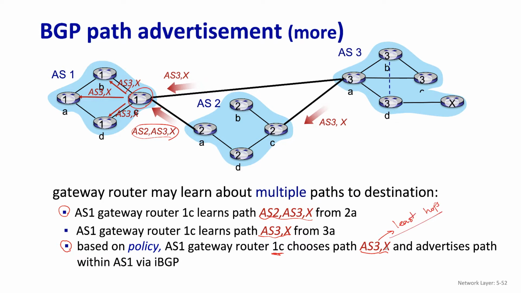So it depends on the policy, okay? But at this point, 1C should do one really important thing, which is to broadcast everything to the other routers. That means every router within autonomous system 1 should be aware of how to reach router X.